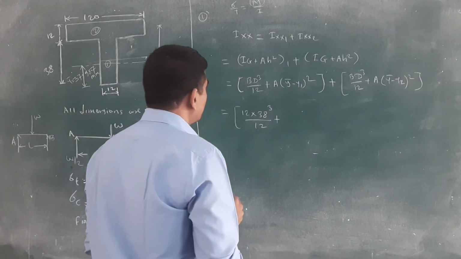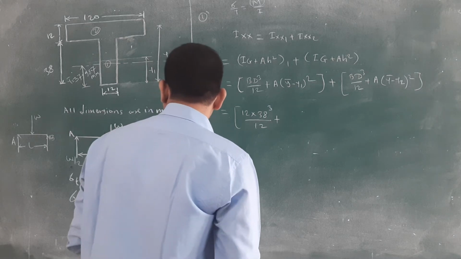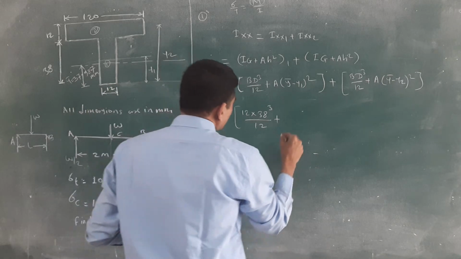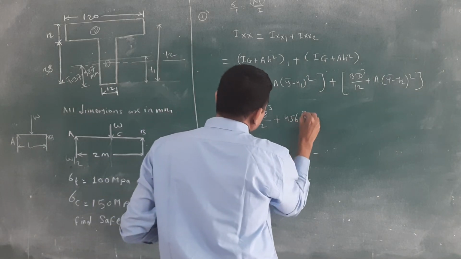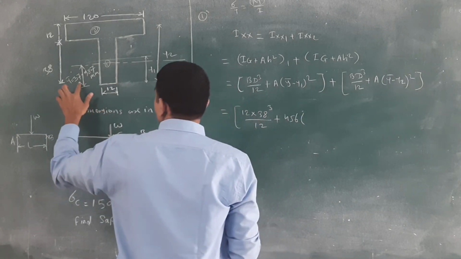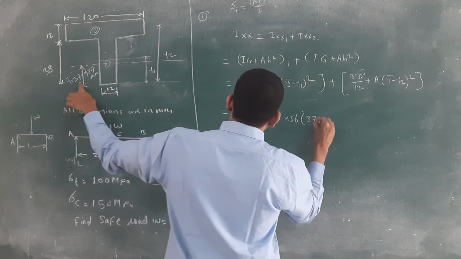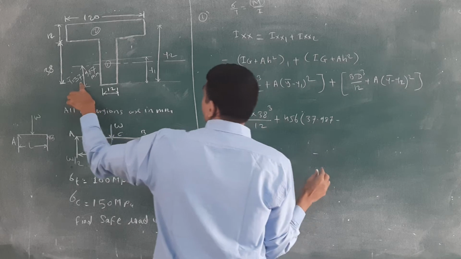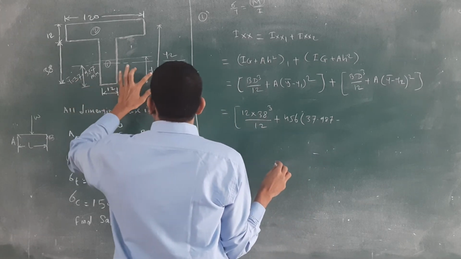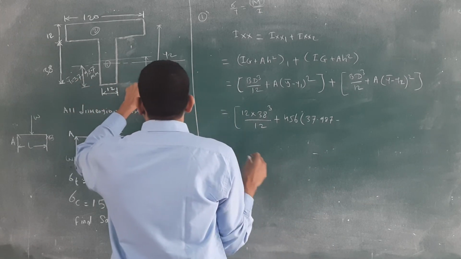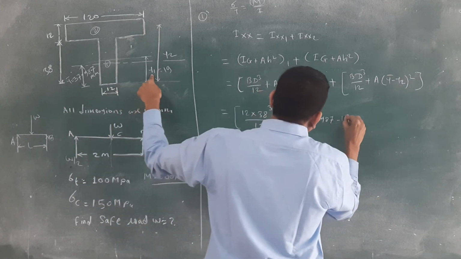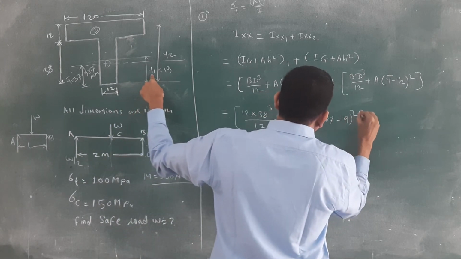We have calculated the area one value. What is the value of that area one? 456, yes, check that. 456. What is the y bar? We have calculated 37.987 minus y1. What is the value of y1? 19, yes, 19 is there. Bracket square.